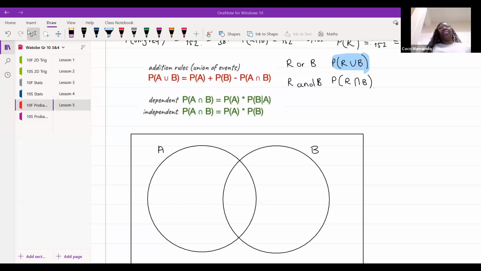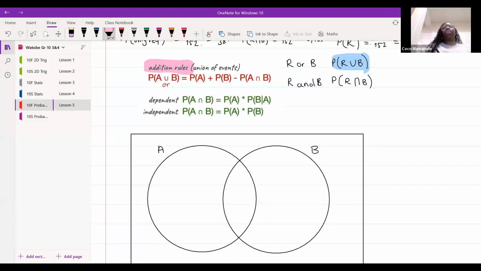All right. So today, peeps, we're going to learn 2 rules. These are the rules for and, or. I'm going to sugarcoat it a little bit for the sake of time because I don't want to confuse you guys. We're going to learn about the addition rule, and the addition rule refers to the probabilities of or.